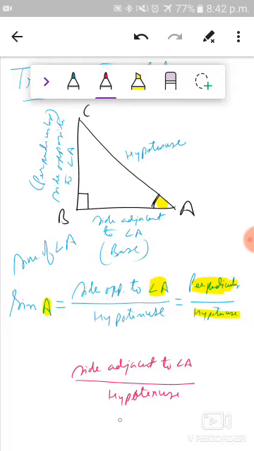The side adjacent to angle A is called base, so it is base by hypotenuse.